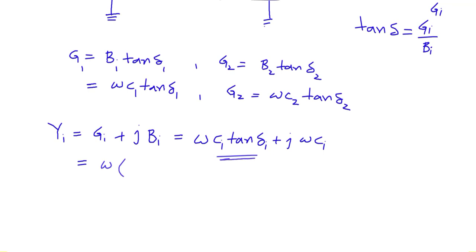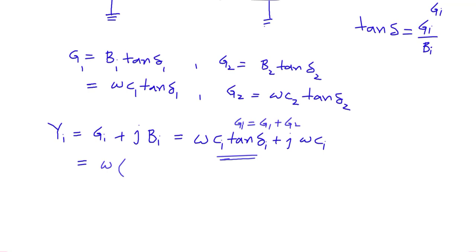So this is G_i, which is equal to G1 plus G2, exactly the same way as C_i is equal to C1 plus C2.